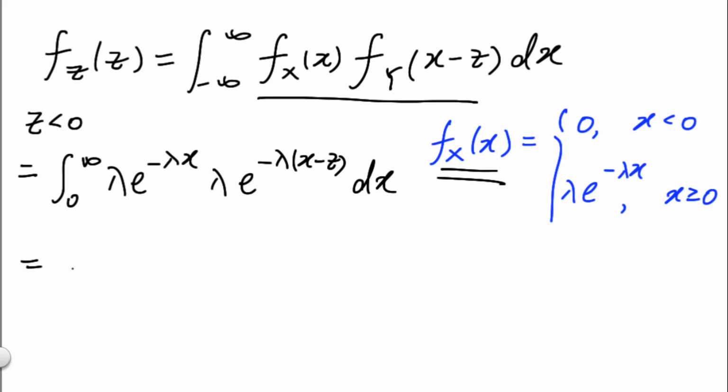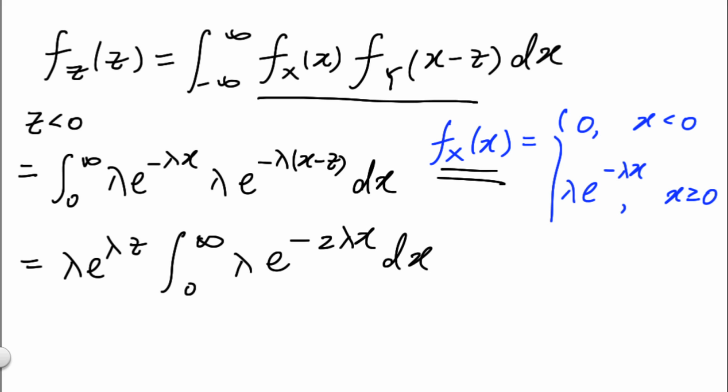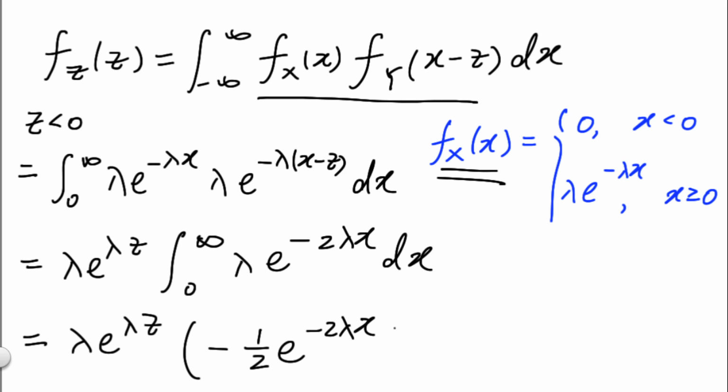Okay, follow this through. We'll pull out the constant lambda e to the lambda z, leaving the integral from 0 to infinity of lambda e to the negative 2 lambda x dx. And this will give us lambda e to the lambda z times negative 1 over 2 e to the negative 2 lambda x, evaluated at infinity minus this expression's value at 0.